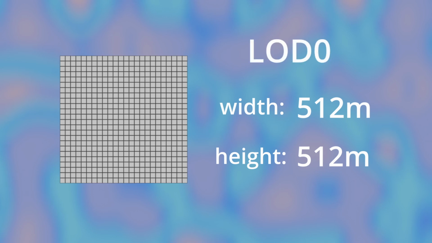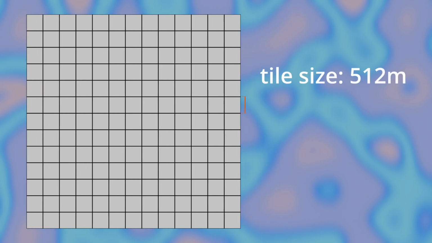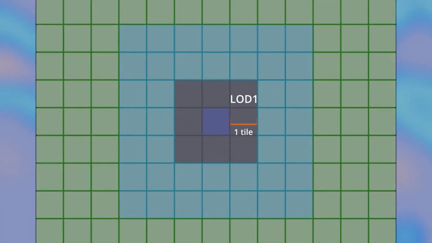We can think of these LOD regions as being a combination of many LOD tiles, so our tile size for all LODs would be 512 meters. So if our highest level of detail is 512 meters, we can figure out exactly how big everything else will be. For LOD 1, I'll let it extend only another 512 meters, or one tile, around LOD 0.